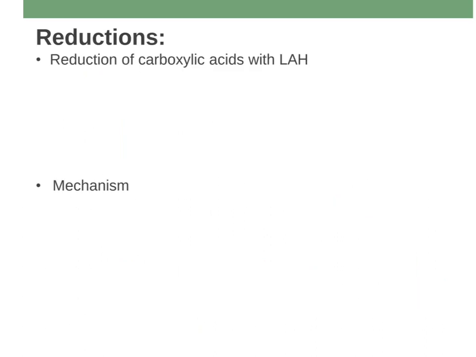Now, there are some reactions that we need to come back to. We've already learned about lithium aluminum hydride, where we used it to reduce ketones and aldehydes. And now we're going to look at it to reduce any of the carboxylic acid derivatives, really. So this video is about carboxylic acids, so let's do the carboxylic acids. Right, so the idea here is that if you have a carboxylic acid, and let's say we have a ketone on here too, just to show both to remind you.